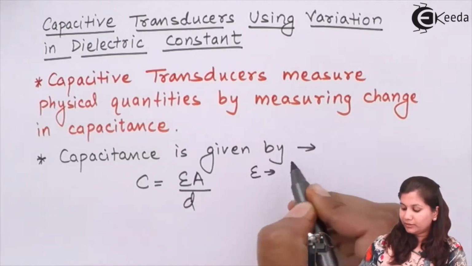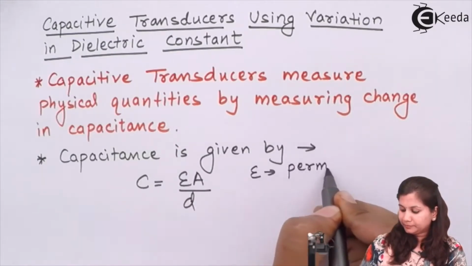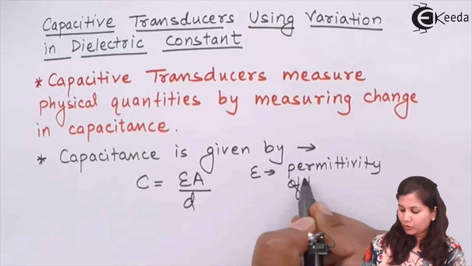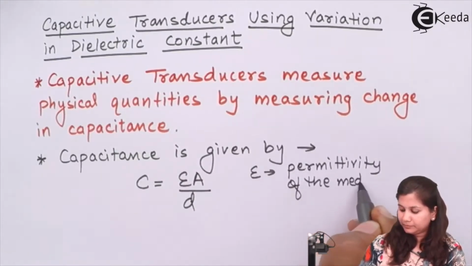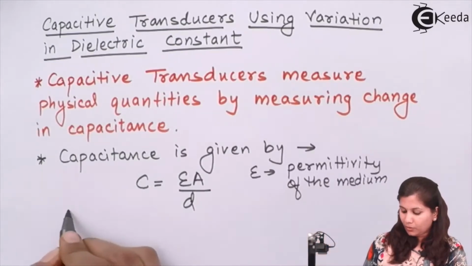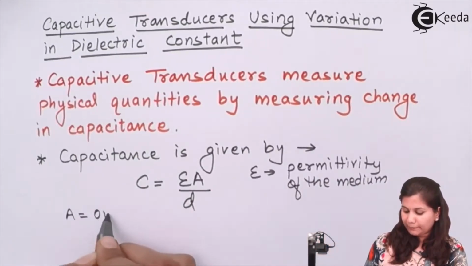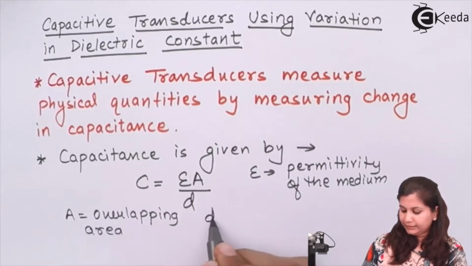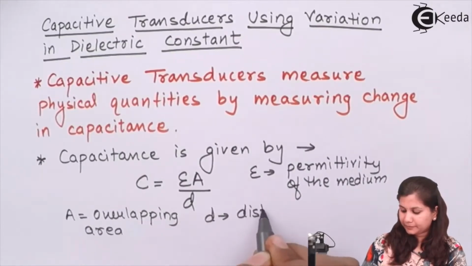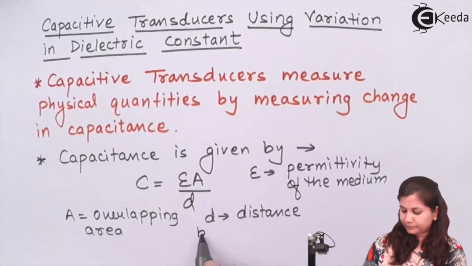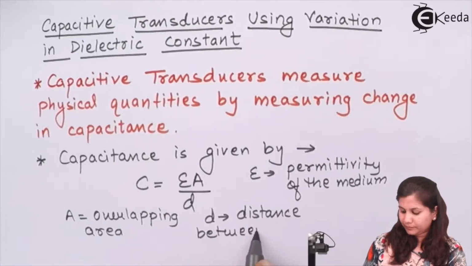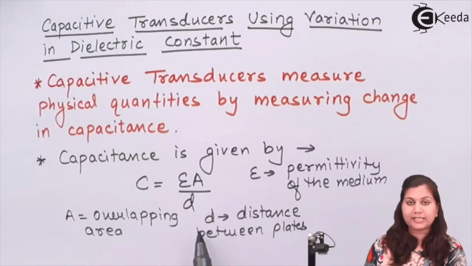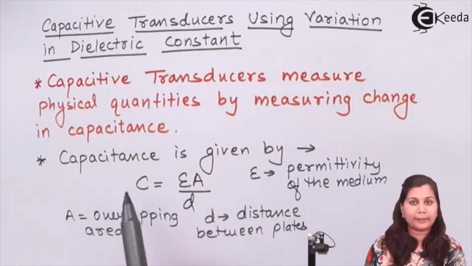So either changing the permittivity of the medium, or the A, that is the overlapping area between the plates, and D, the distance between the plates. By changing any of these three parameters, we can change the capacitance.